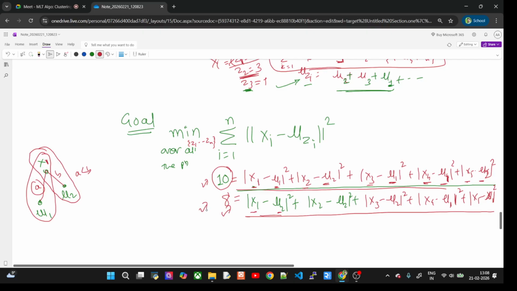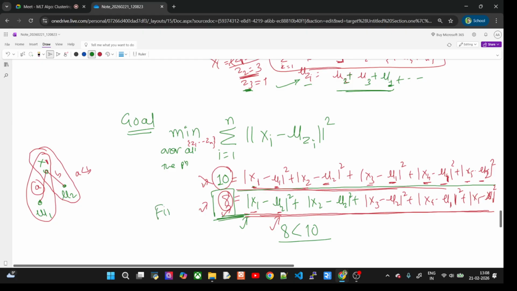So 8 is the minimum compared to 10, which means this distribution is the correct one, and you will go with it as your final distribution.